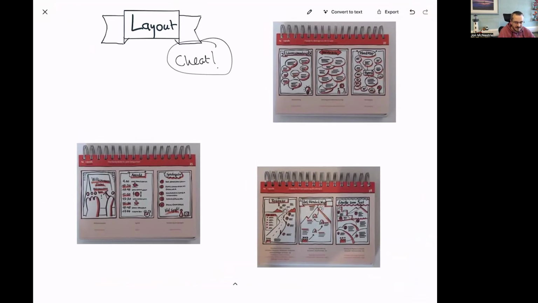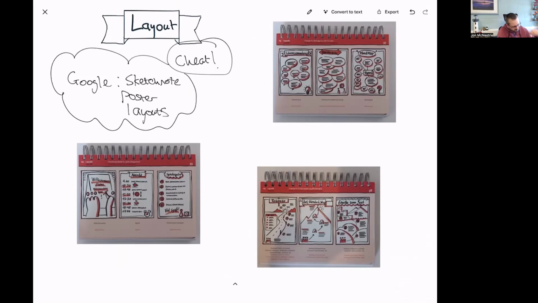My suggestion would be, and I'll recommend these resources at the end, to Google sketchnote poster layouts. You will find a million things like this, a million layouts that help you to determine a structure for the information that you have.